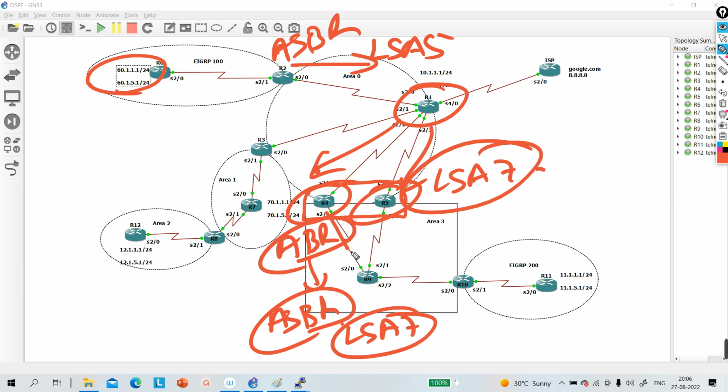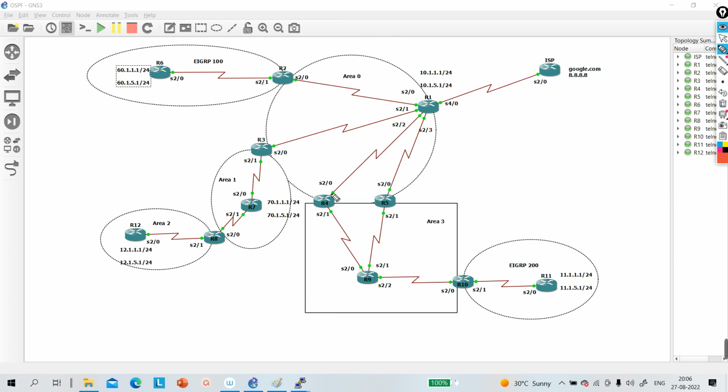If these two routers generate a default route, router 9 can reach this network. Yes or no? Yes. So we will run one command on the ABR router to make it an ASBR router. What is that command? The command is, guys, this one.